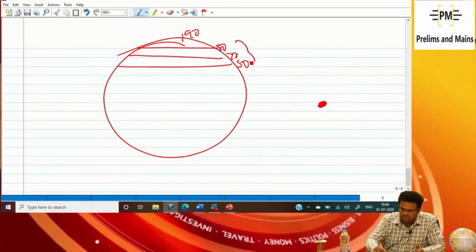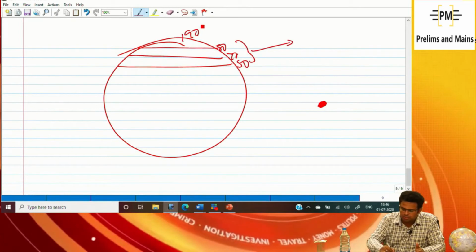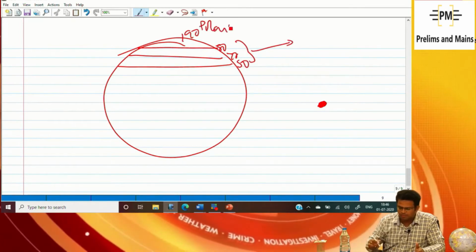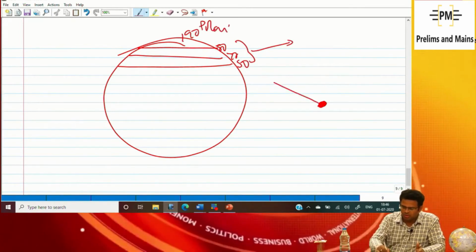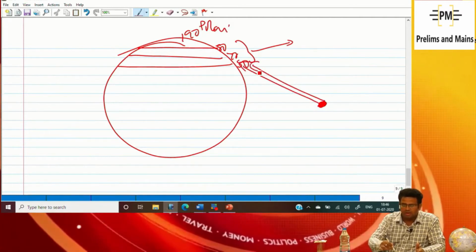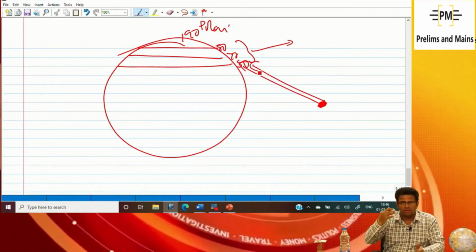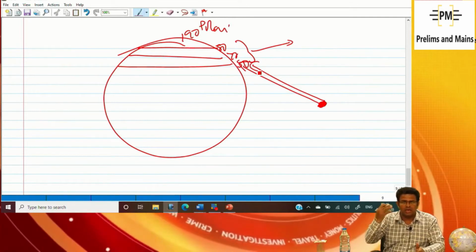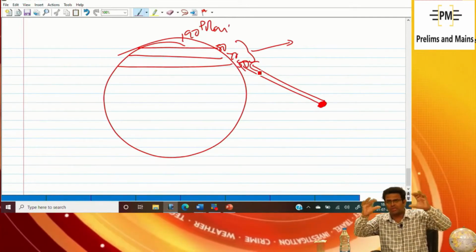These are the high latitude regions and these are the polar regions. The signal has to go like this. And you know that Russia, North America, Canada are in the high latitude, very cold regions.